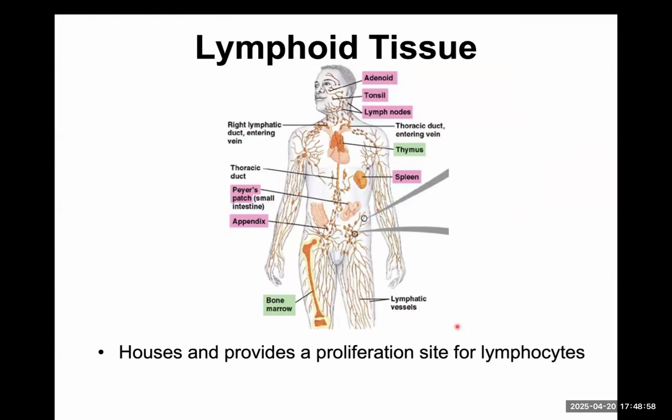So let's head over to the lymphoid tissue before I go into the organs. Let's talk about different types of lymphatic tissue. So we have a body, and in this picture, it's showing you all different places that we talk about in the lymphatic system. So you have lymphocytes. Lympho is referring to the lymph fluid, cyte is referring to cell.